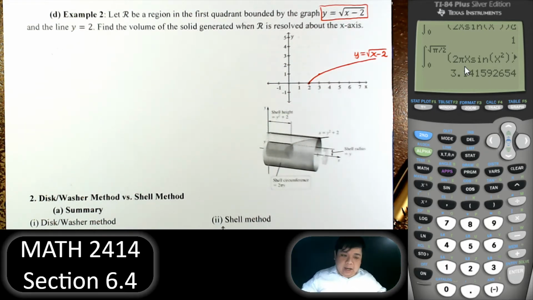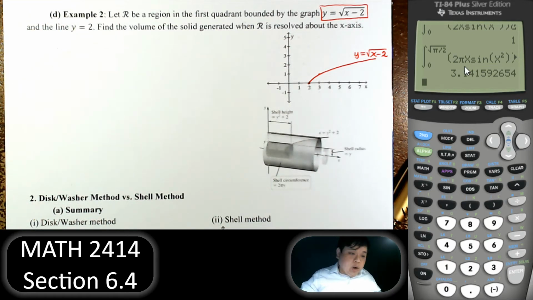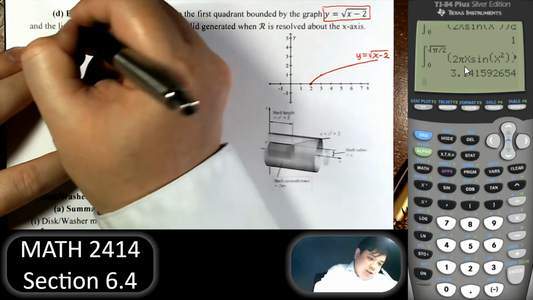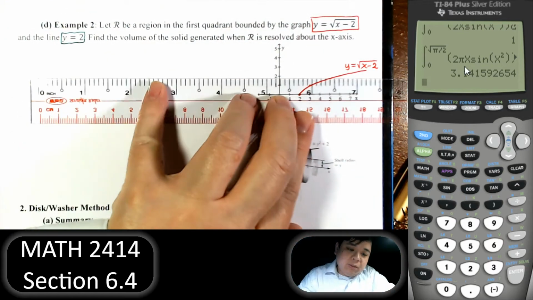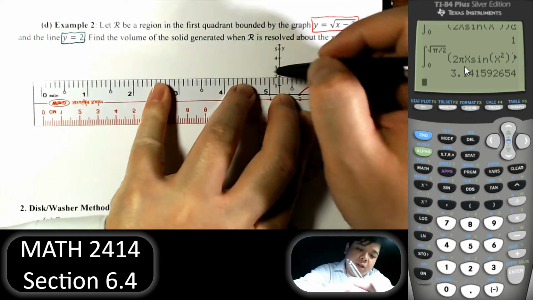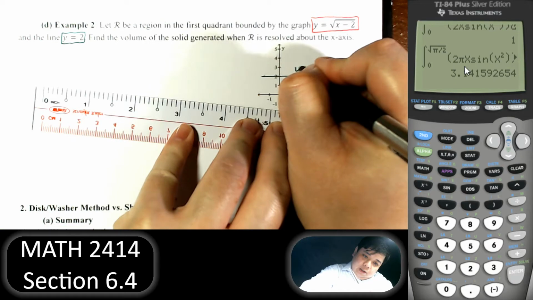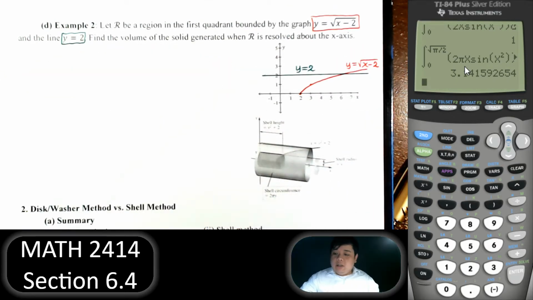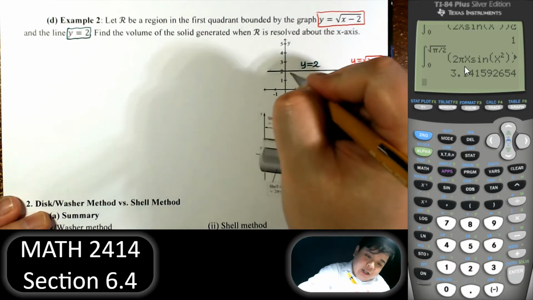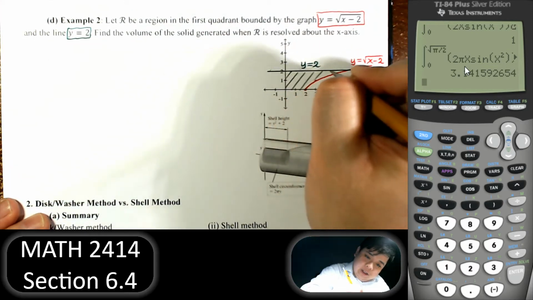Right. Now, next, find the volume of course, and then the line y equal to 2. And this is in the first quadrant. So we're talking about this region R is this one here.